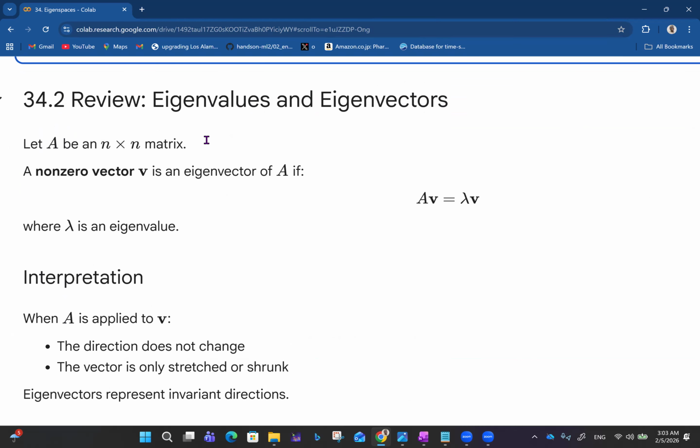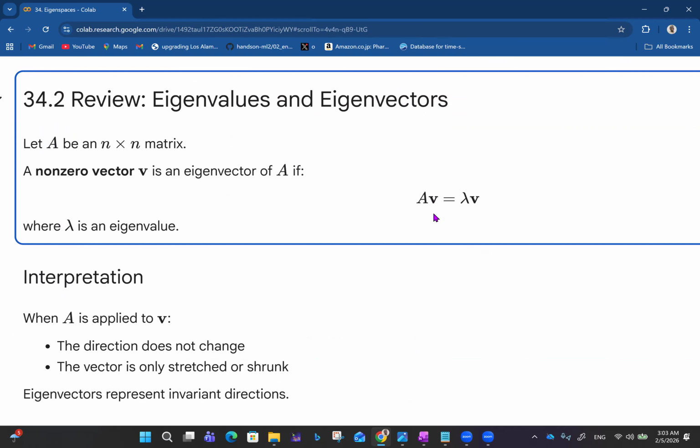So by way of review, we've seen this amply, talking about eigenvalues and eigenvectors. Let A be an n by n matrix. A non-zero vector V is an eigenvector of A if AV is equal to lambda V, where lambda is an eigenvalue. So if a matrix A acts on a vector V, the effect it produces is to scale the vector itself.